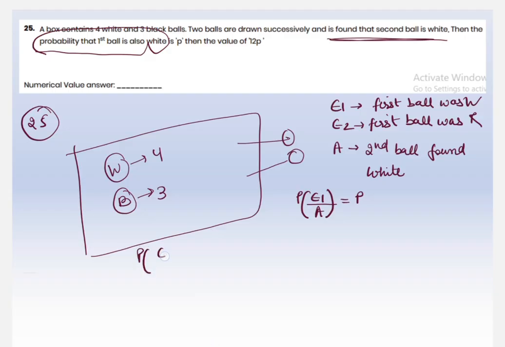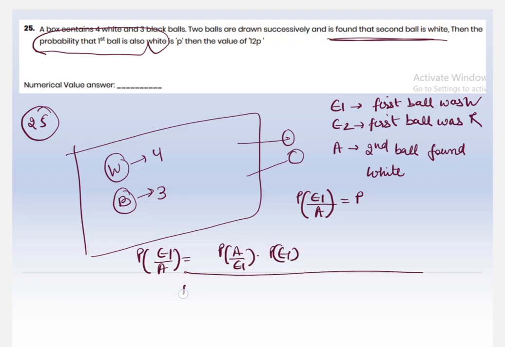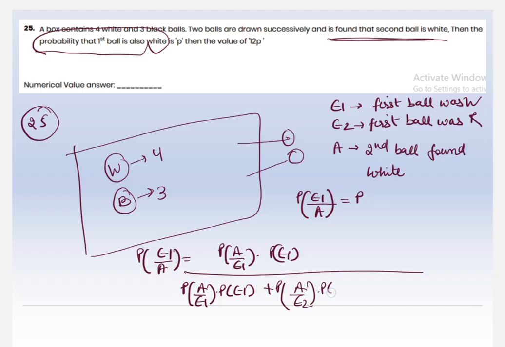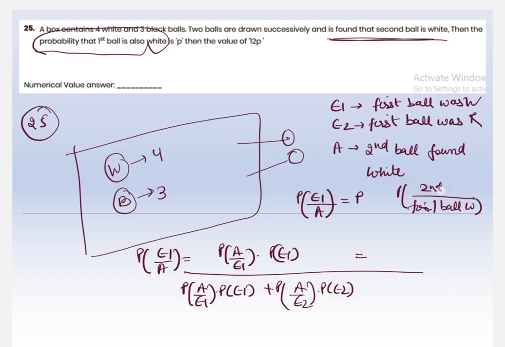To find P of E1 given A, that is equal to P of A given E1 into P of E1, divided by P of A given E1 into P of E1 plus P of A given E2 into P of E2, using Bayes' theorem. P of A given E1 means that given the first ball white, the second is found white.